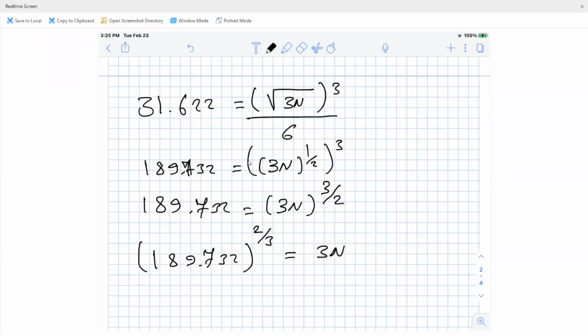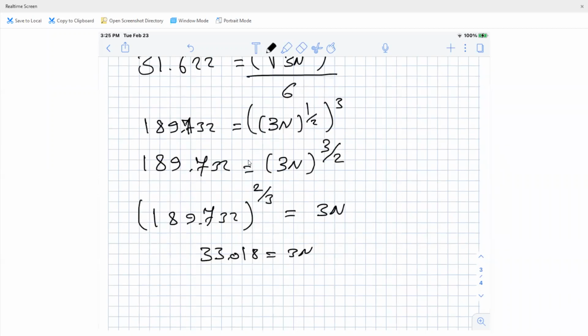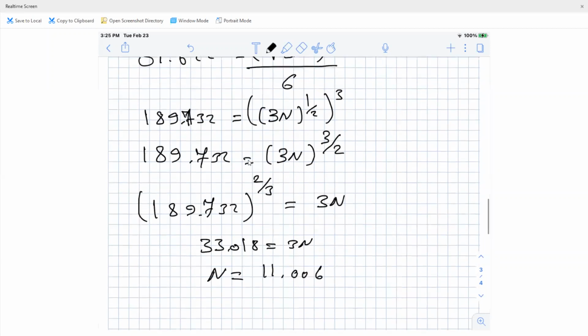Okay, now the answer will be 33.018 equals 3n. As you can see, n capital will be about 11.006. Okay, now this will be the n capital for the second branch.